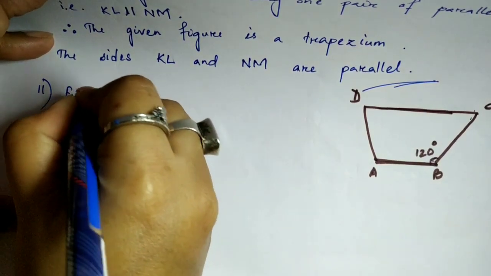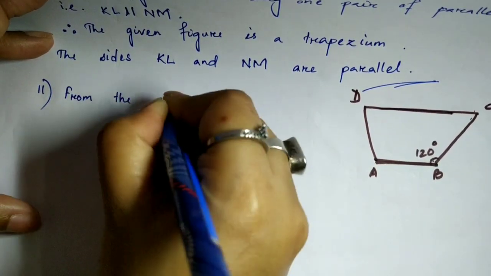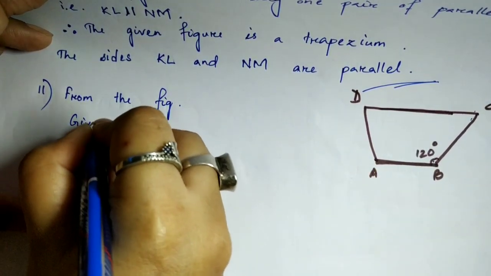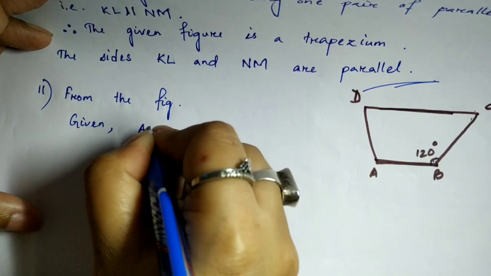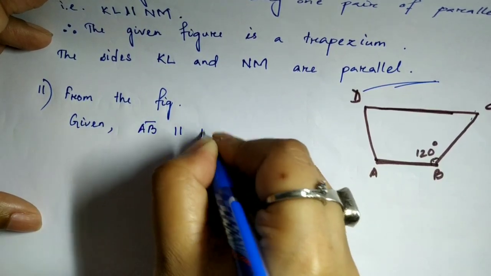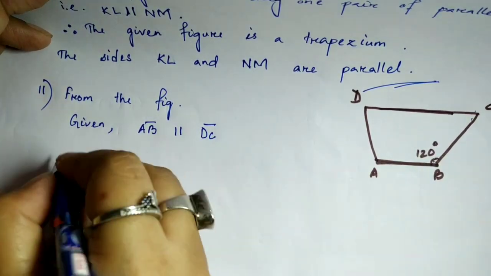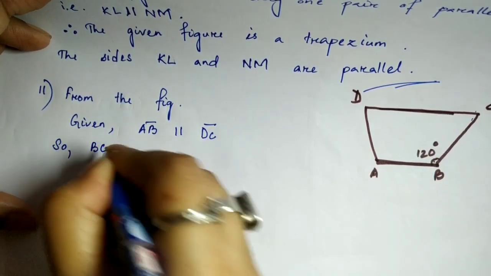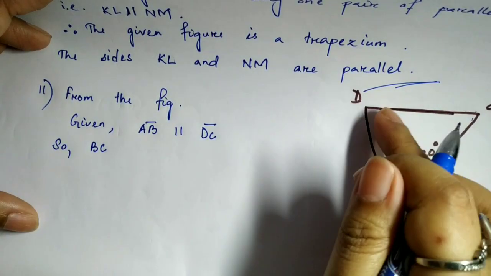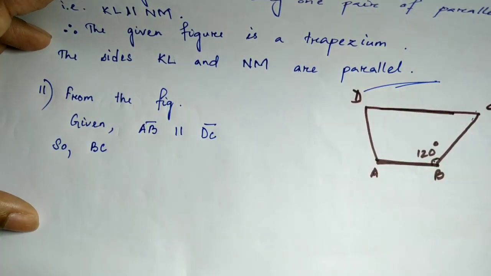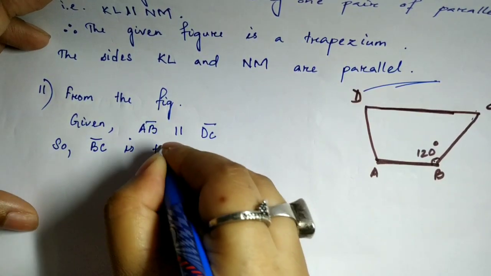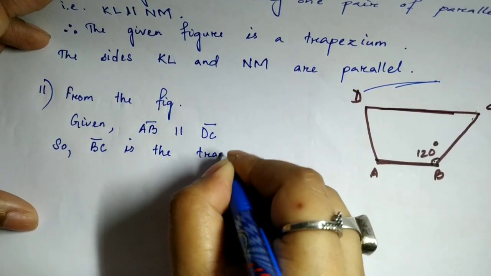So what we'll do, from the figure, we'll write what is given first: AB is parallel to DC. So BC is the transversal. See, AD is also a transversal, but we are not using any of this part for calculation, so I will not unnecessarily write it. So BC is the transversal.